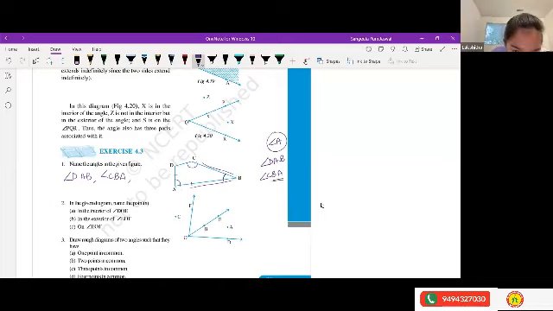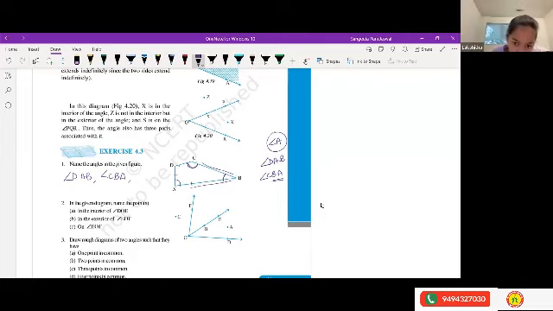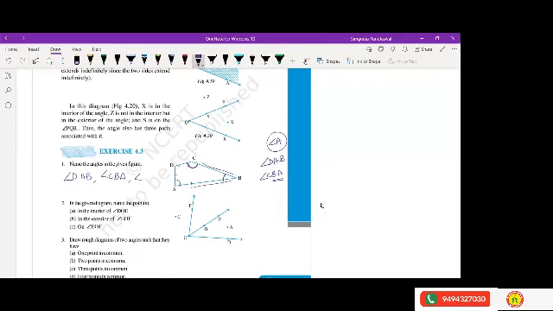CDA, ma'am. CDA is this angle. See, I'm talking of this angle. How will you name angle C? Angle C lies between which two arms? DCB. Exactly. So you will write DCB. You will see between which two arms this angle is lying. Okay, so that's DCB.